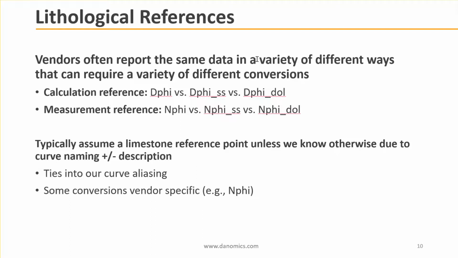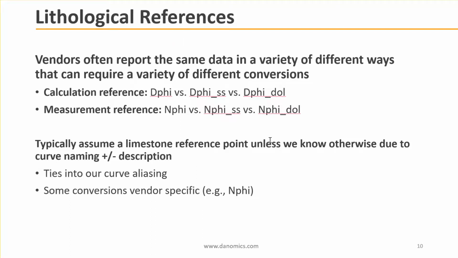Again, there are vendor-specific conversions that need to be done on something like the neutron. So it's important that we take that into account, because it will create a shift in your data of a couple of porosity units. So when you're working with something that's already low porosity, that can be a pretty significant shift.